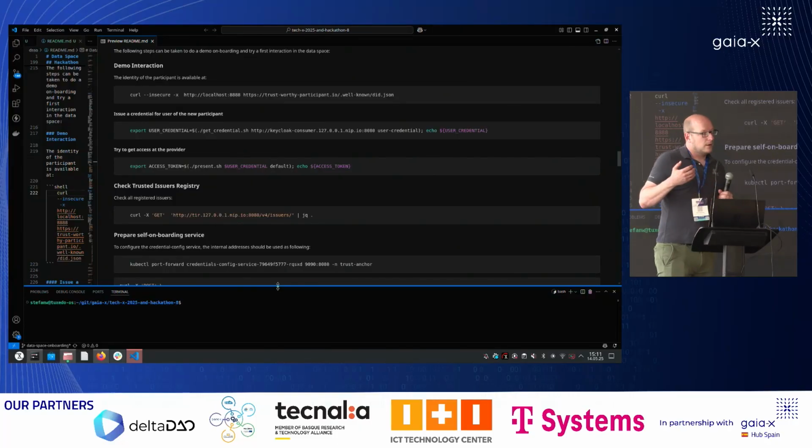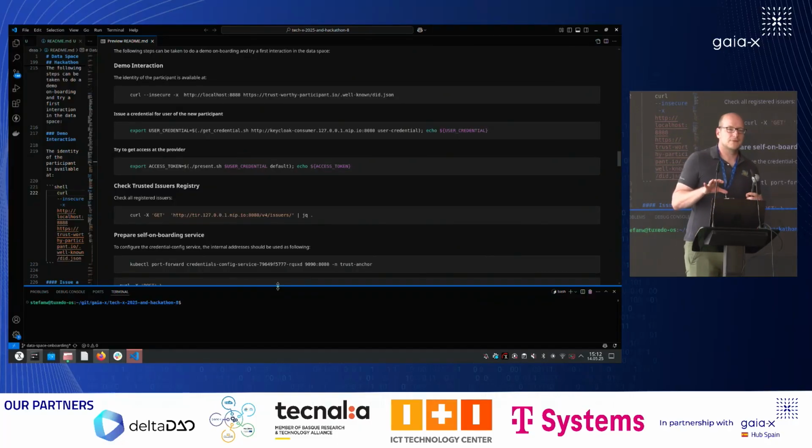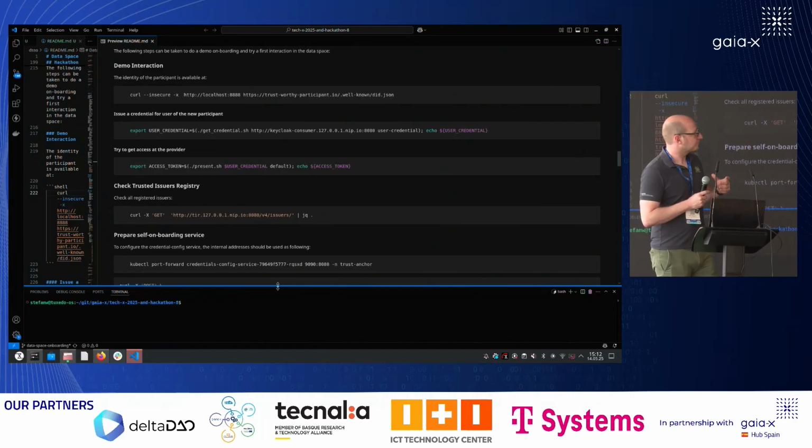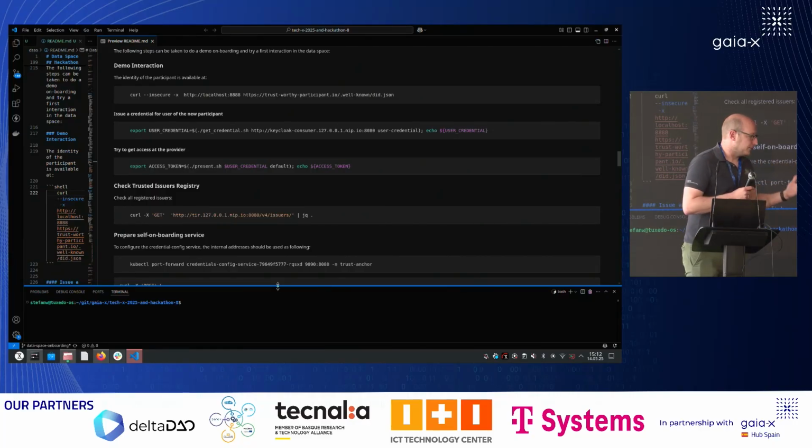For the local demo, I've set up a local Kubernetes cluster using K3s and deployed a provider, which should act as a data provider, having authentication capabilities. Then a new participant, which essentially consists of its identification.